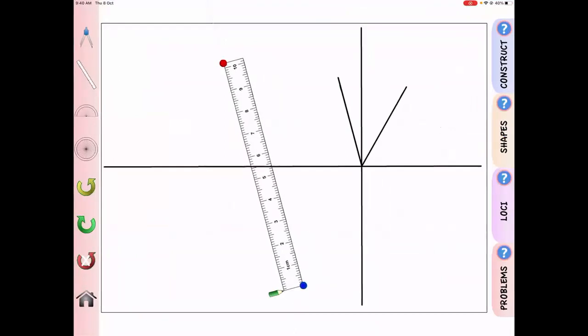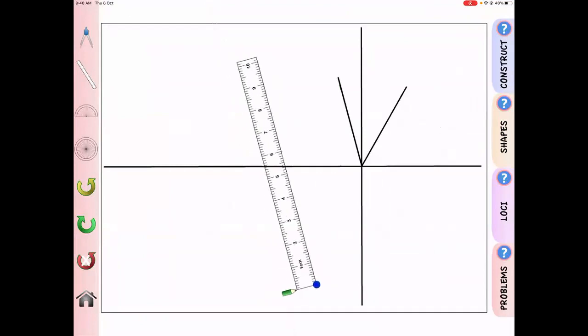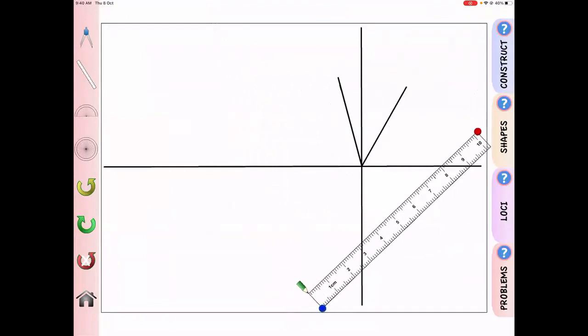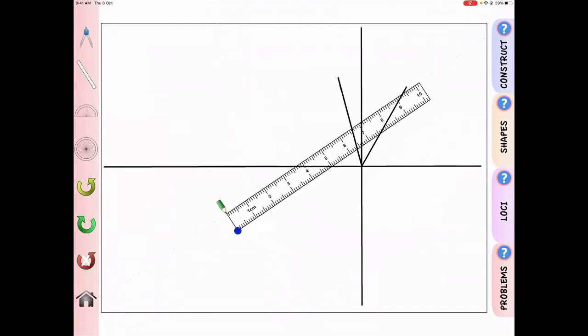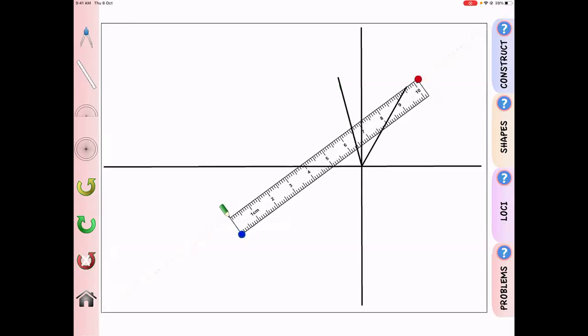So B1 is the extreme point, B1 and B2. Okay, so I'm drawing just at a certain angle here.